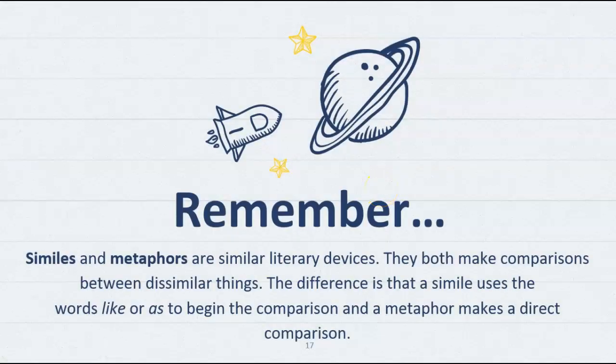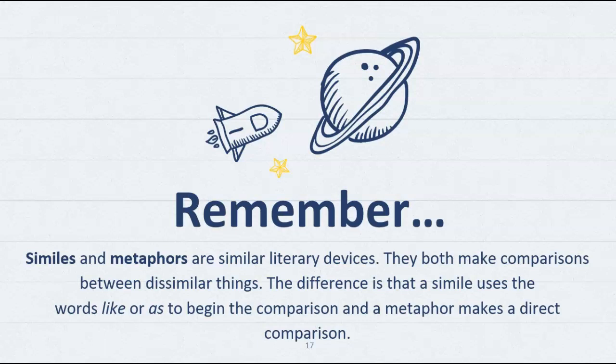So remember, similes and metaphors are similar literary devices. They both make comparisons between two dissimilar things. The difference here, it's really simple. The only difference is that a simile uses the words like or as to compare the two things, and a metaphor just makes a direct comparison.